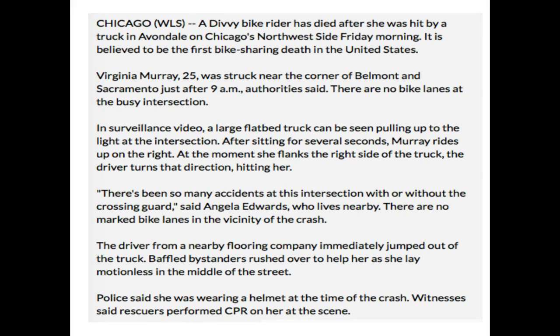At the moment she flanks the right side of the truck, the driver turns that direction, hitting her. There's been so many accidents at this intersection with or without the crossing guards, said Angela Edwards, who lives nearby. There are no marked bike lanes in the vicinity of the crash. The driver from a nearby flooring company immediately jumped out of the truck. Baffled bystanders rushed over to help her as she lay motionless in the middle of the street. Police said she was wearing a helmet at the time of the crash. Witnesses said rescuers performed CPR on her at the scene.